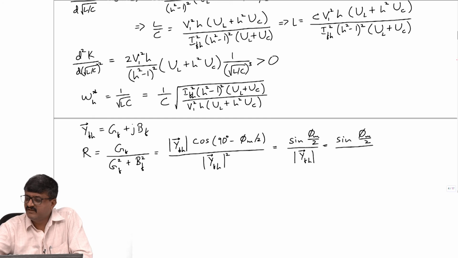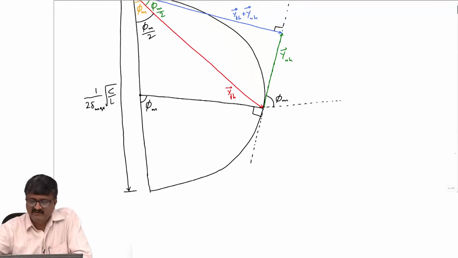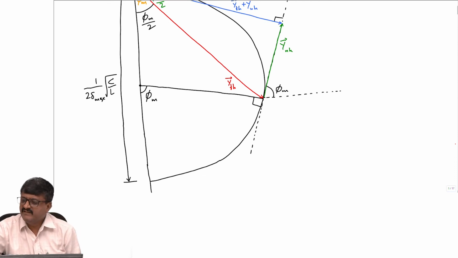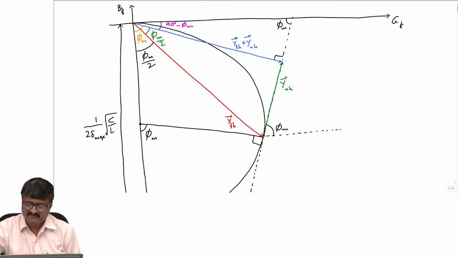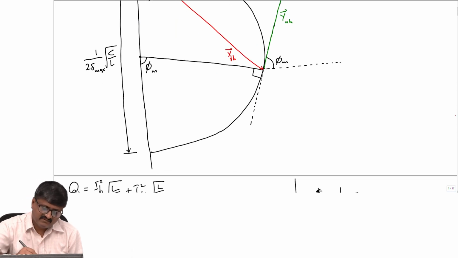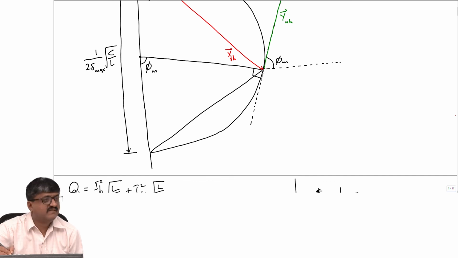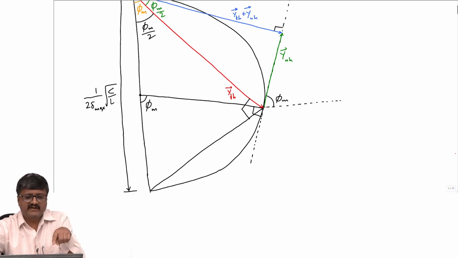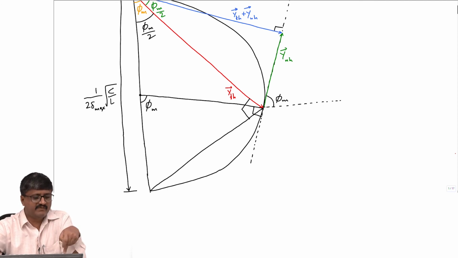Again use the figure. If you look at this figure, let me draw one more line segment which will be easy to answer this question. I will take this line segment. What is the angle between this red line and this? 90 degrees. So, from this diagram, for this right angle triangle, I know the hypotenuse is 1 by 2 the diameter.